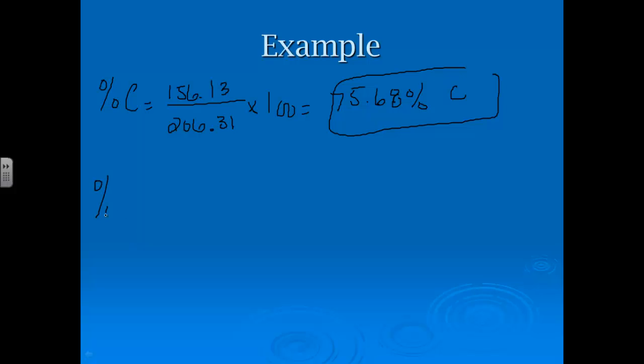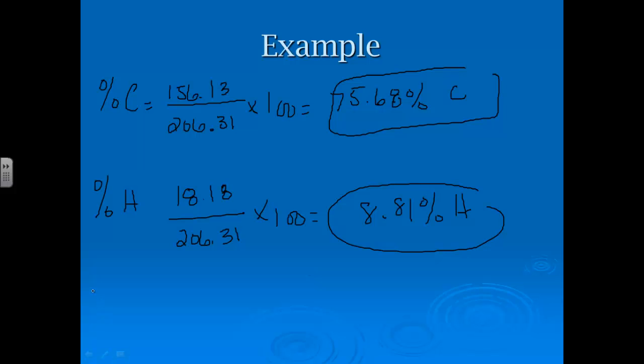Okay, then the next one that we had was hydrogen, and for hydrogen you're going to have 18.18 divided by 206.31 times 100 is equal to 8.81% of hydrogen. Again, all of these to 2 decimal places.